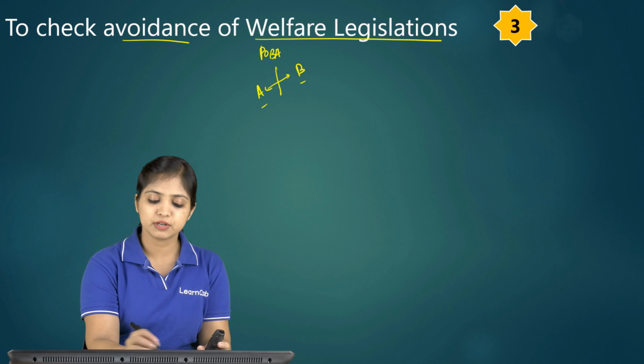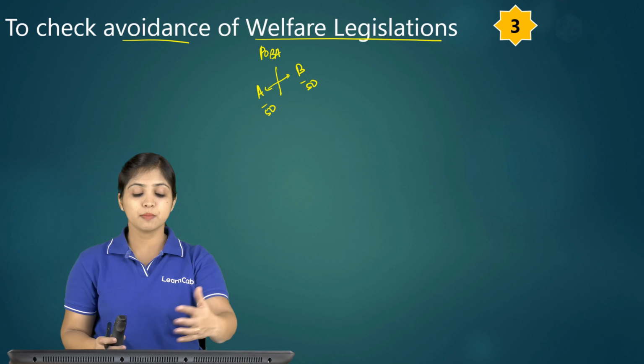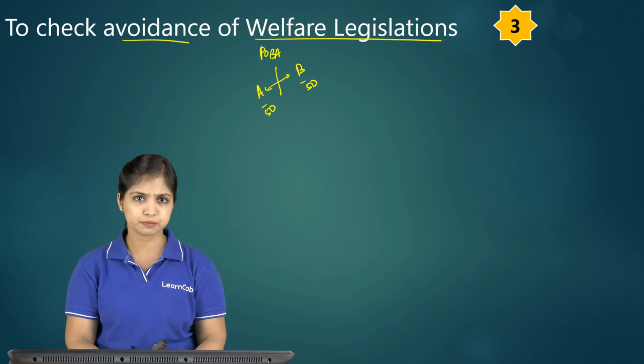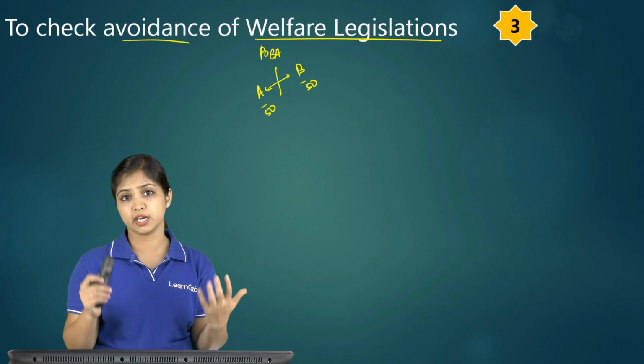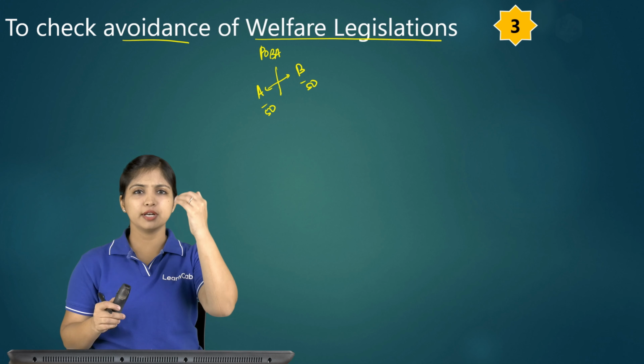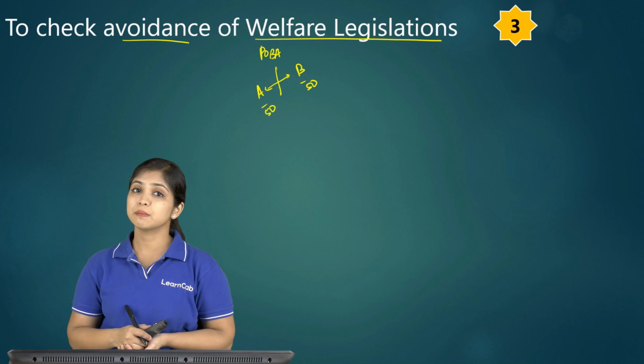Let's say 50-50. A was earning 50 rupees profit now, B was earning 50 rupees profit now. Because profit became lesser, the bonus outflow also became lesser. So what was the whole objective? Why did A Limited create B Limited? The whole objective was to reduce the profit, so that when the profit reduces, automatically even bonus payments will be reduced.